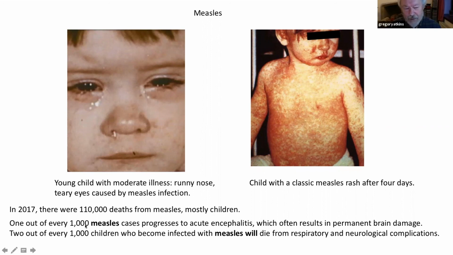In developed countries, 1 in every 1,000 measles cases gives encephalitis, which is brain damage. And even in developed countries, 2 out of every 1,000 children will die from measles infection. So it's not a mild disease.